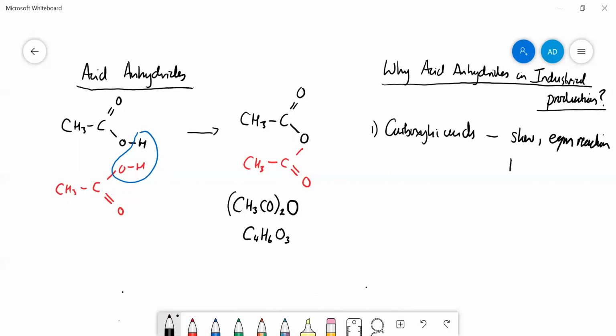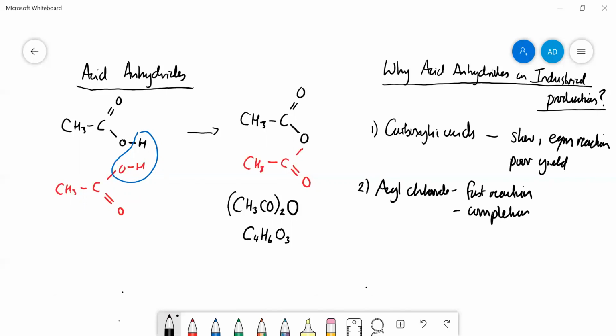So that means poor yield. If you use an acyl chloride, you get a fast reaction that goes to completion, which is good yield.